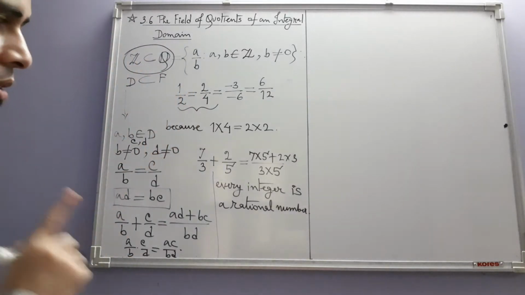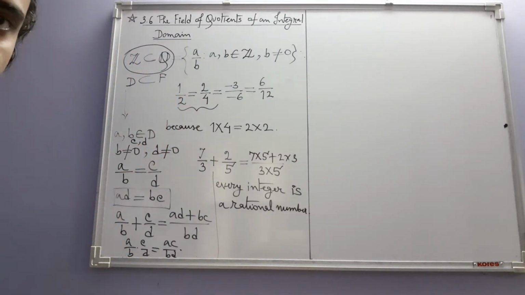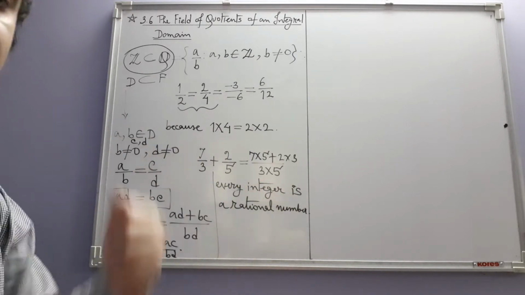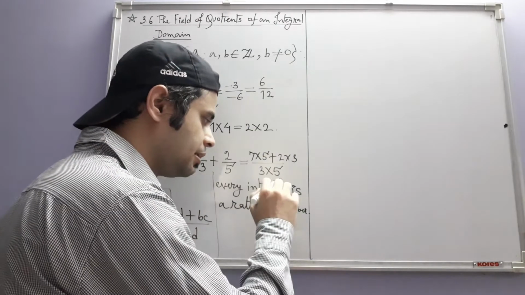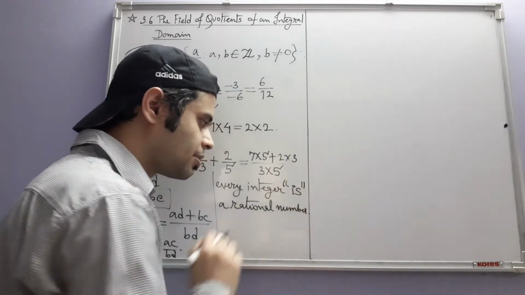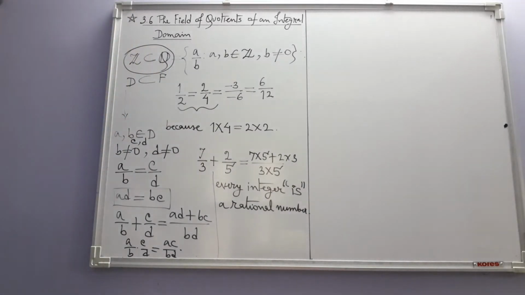Strictly speaking, this statement is not true if someone just interprets it the way it is, because there is an extra meaning lying behind this "is". This is not literally "is".